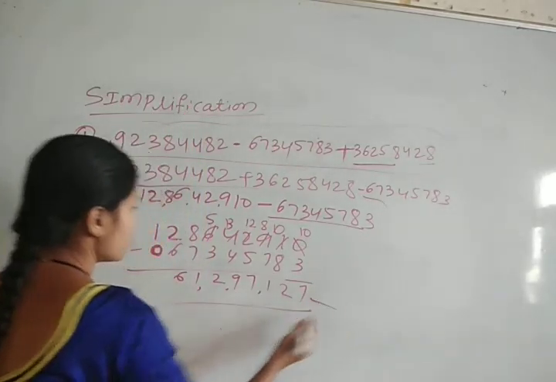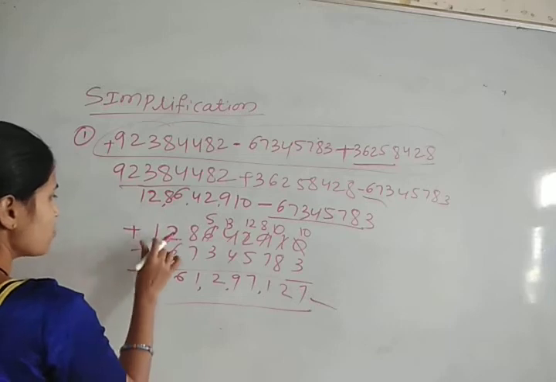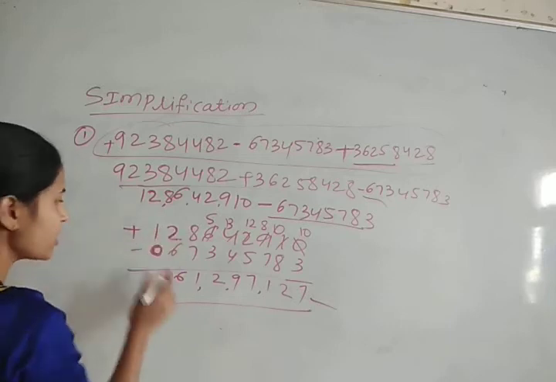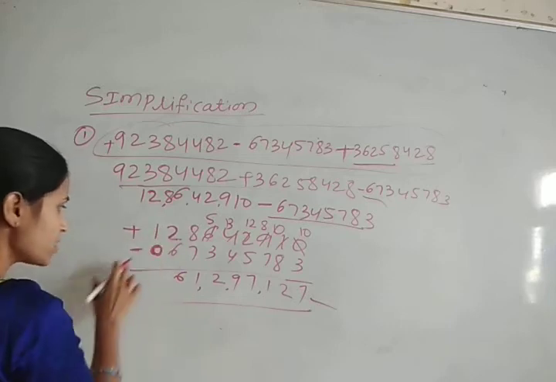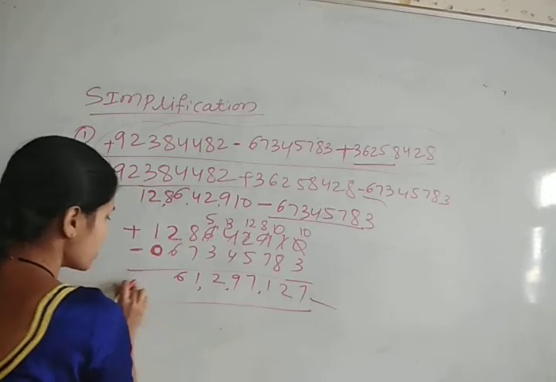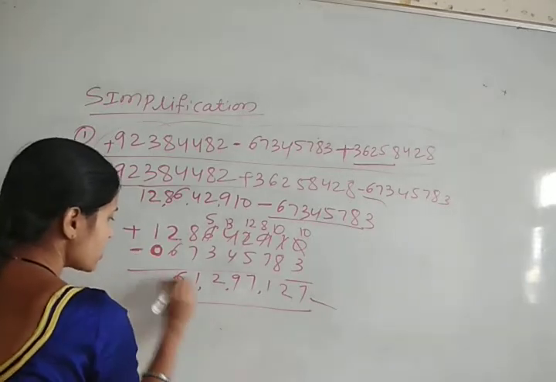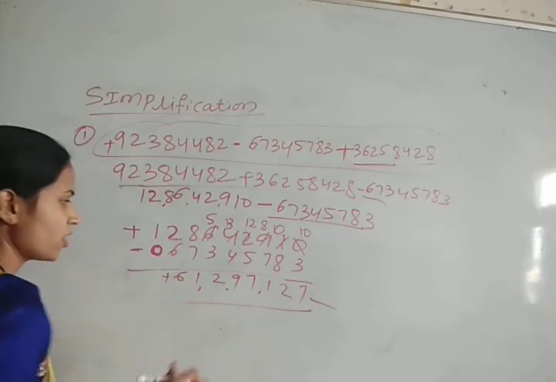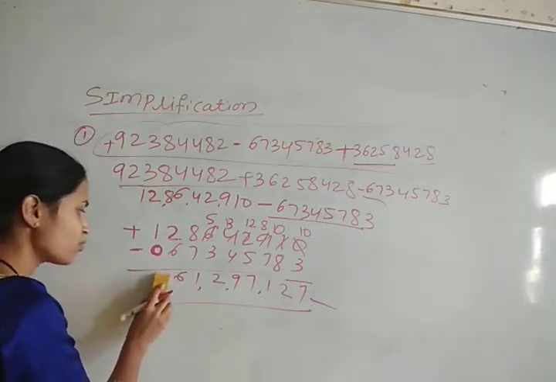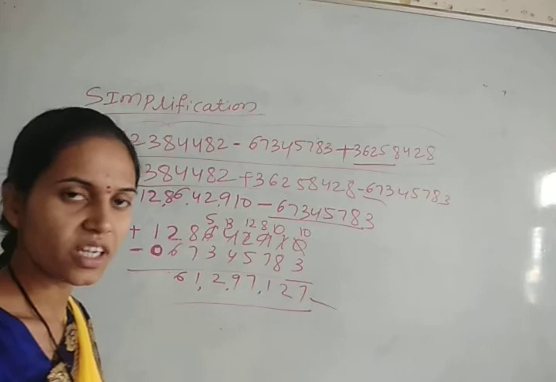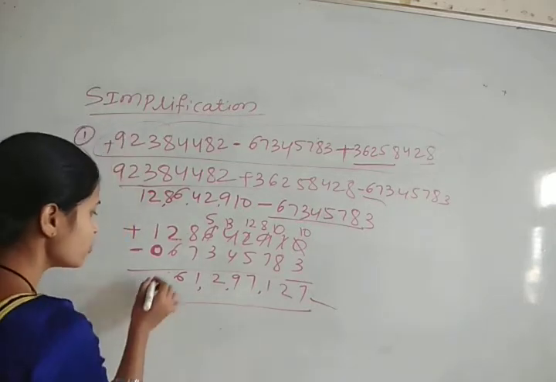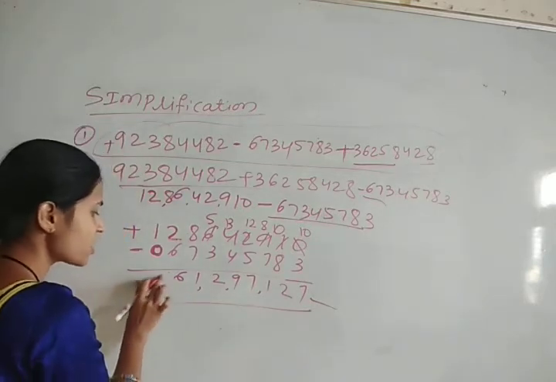This much. So the symbol of the above number is plus and the symbol of the below number is minus. But in the answer, what will you write the symbol as? Plus 1. So if you write plus or if you don't write, it doesn't make any difference, because when you write nothing, it is considered as a plus 1.